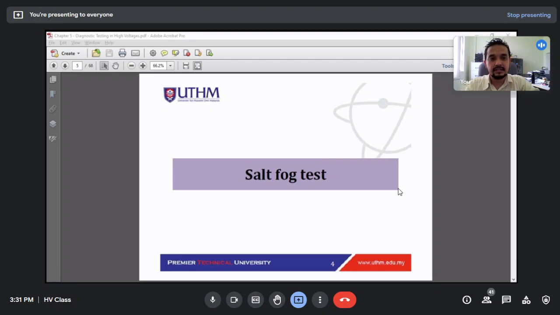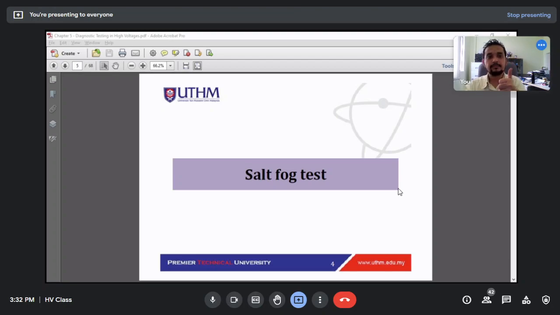This one is actually an accelerated aging test. Normally the salt fog test is to replicate the scenario under environmental polluted conditions.